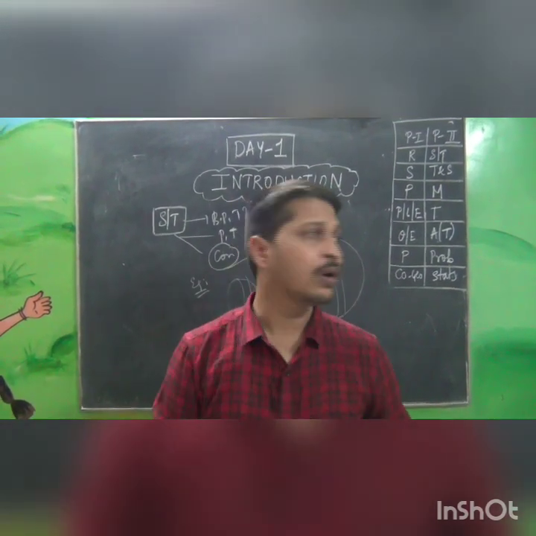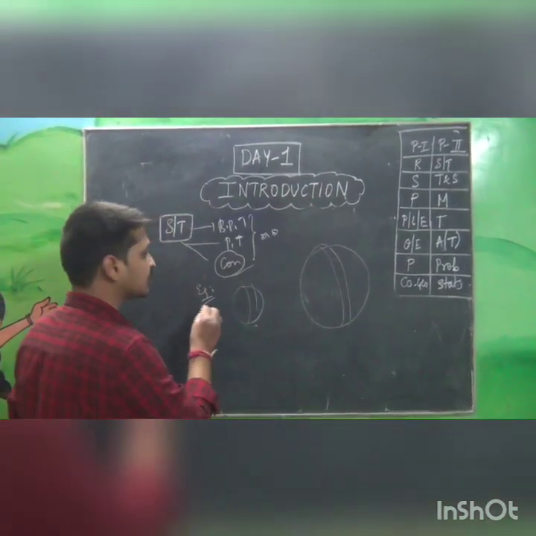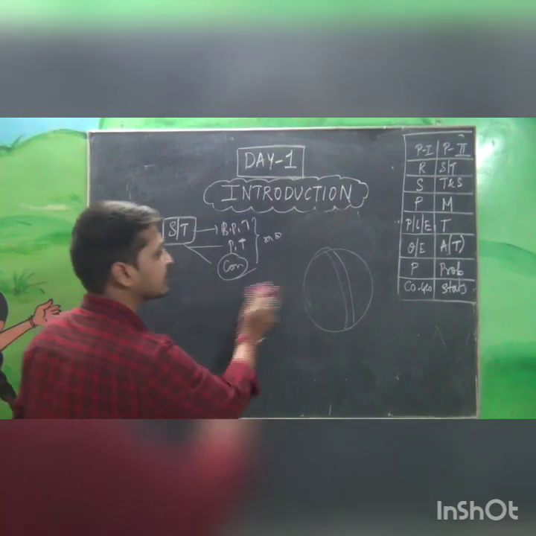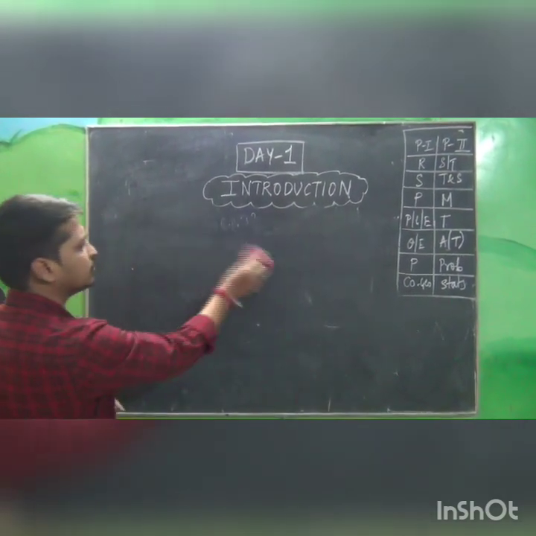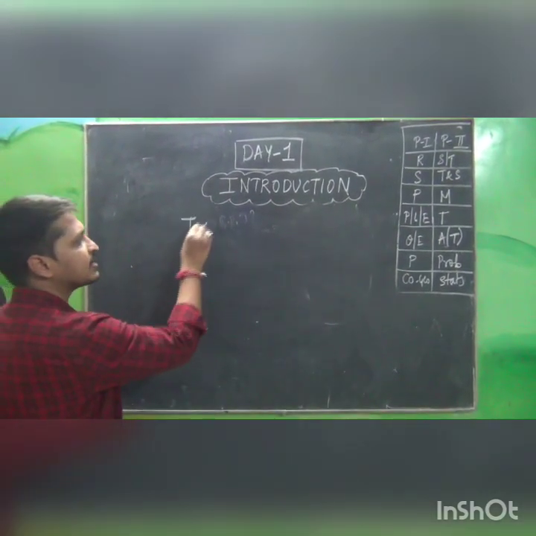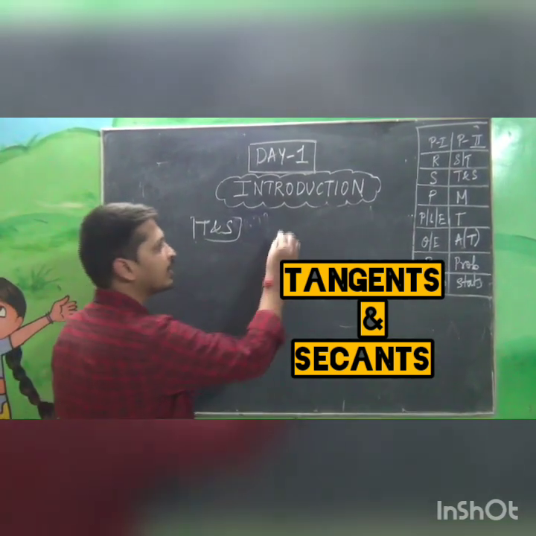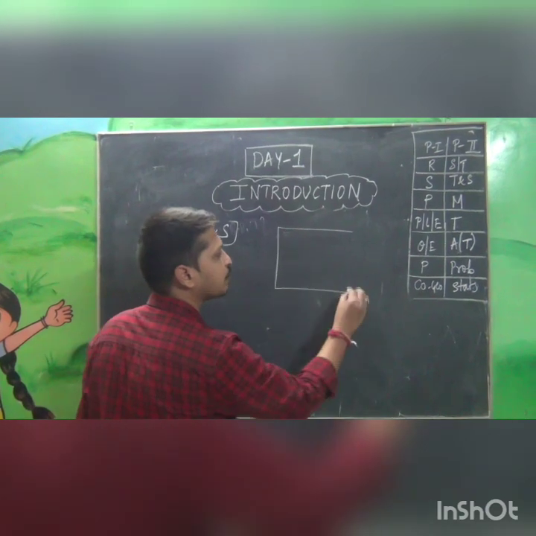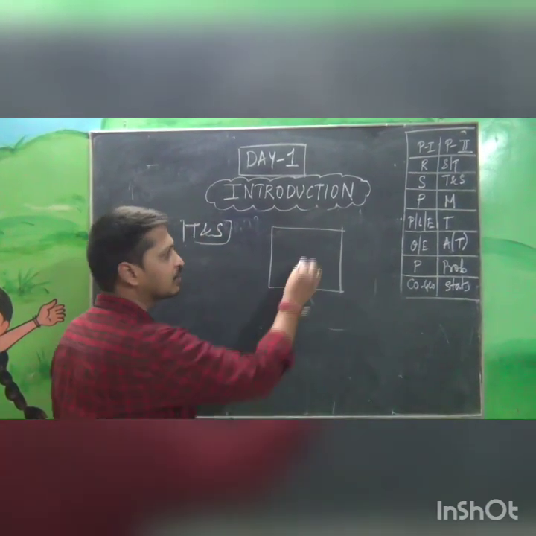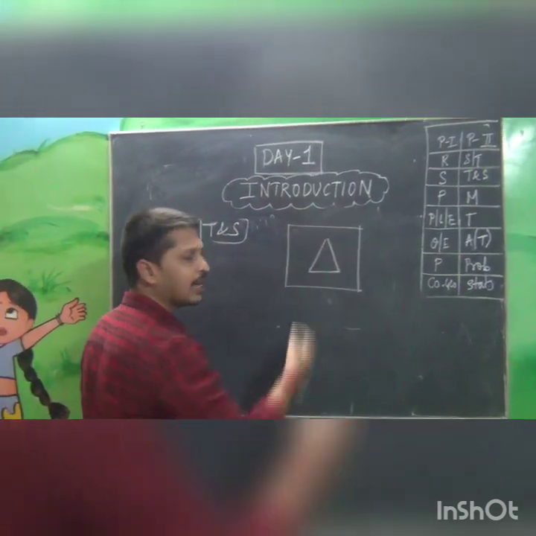Now let's go over this one, tangents and secants. Now coming to the tangents and secants part, let's take a small example of a square and a triangle.